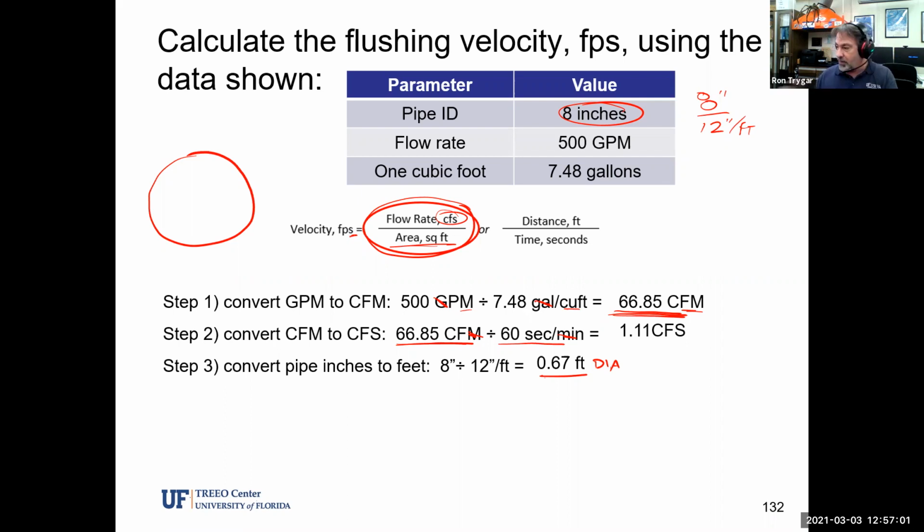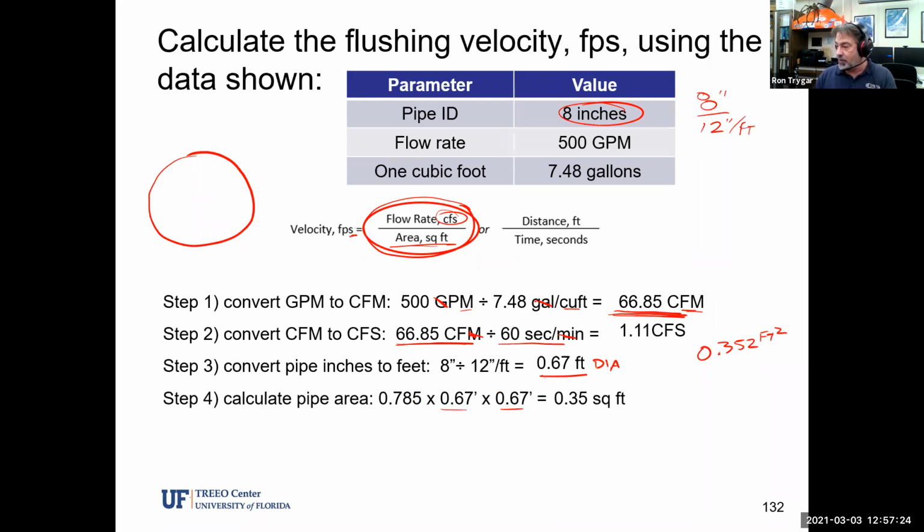And I came up with a number. I'm going to write it over here, 0.352. It goes a little bit further than that, but I'm going to call that feet squared. And let's see how close I come to the next step that tells us. So 0.785 times 0.67 feet times 0.67 feet.